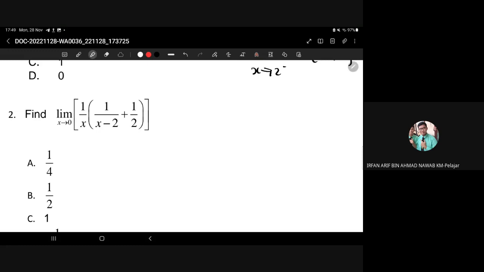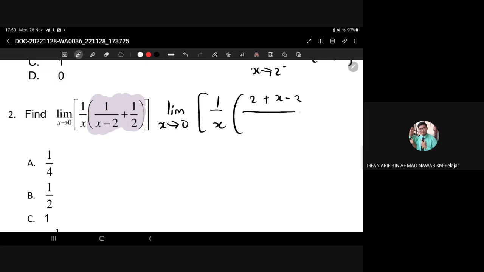The trick is in this bracket here, you should combine it to become a single fraction, meaning that you make sure the denominator is the same. So what I mean is limit as x approaches 0, 1 over x, times the bracket 2 plus x minus 2 over 2x minus 2. So from here, you can simplify the numerator.